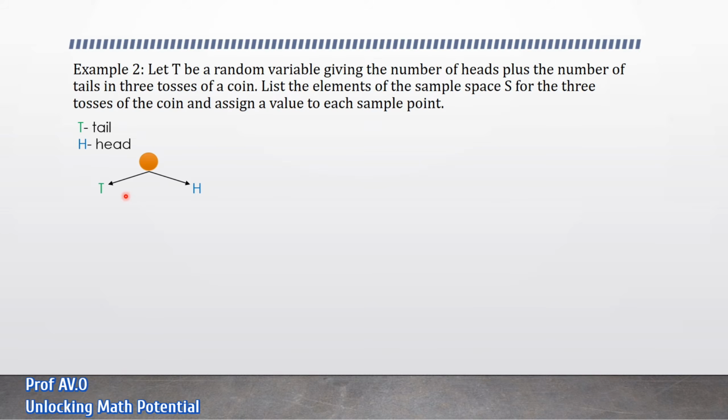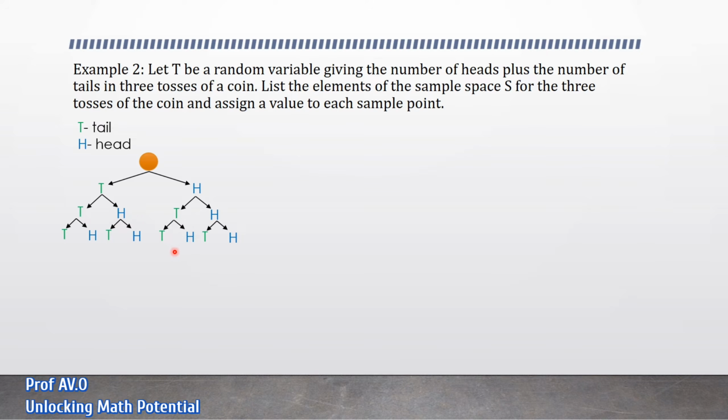For the second toss, again, either it's a tail or a head. And for the last toss, either it's a tail or a head. Okay, so again, what I just did is an experiment.